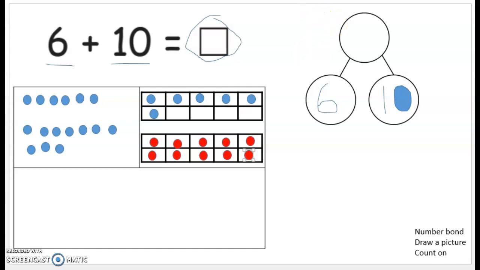And so the idea with quick tens is we'd have 6: 1, 2, 3, 4, 5, 6. So we have 6 ones, 1 ten.